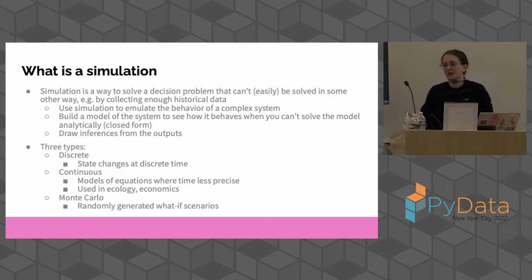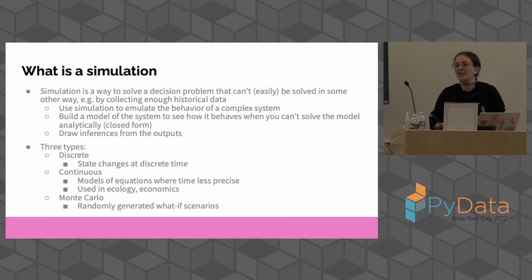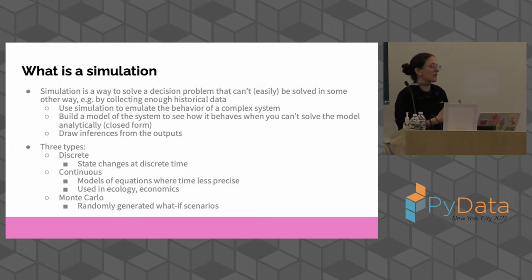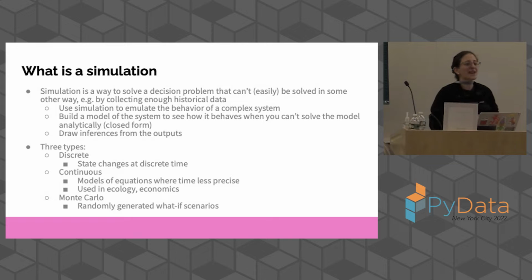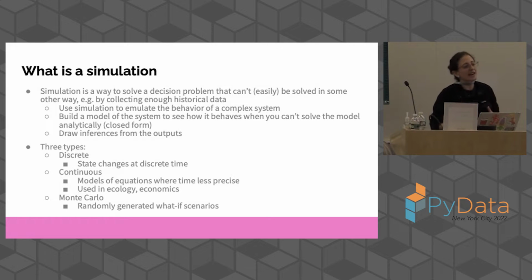If we can't collect all of that data, what we might do is use a simulation to emulate that behavior. It's sort of like faking information, using computers and the power of probability and the magic of mathematics. We are then able to build a model of the system that we're interested in and see how it behaves, maybe when we change some inputs or constraints.